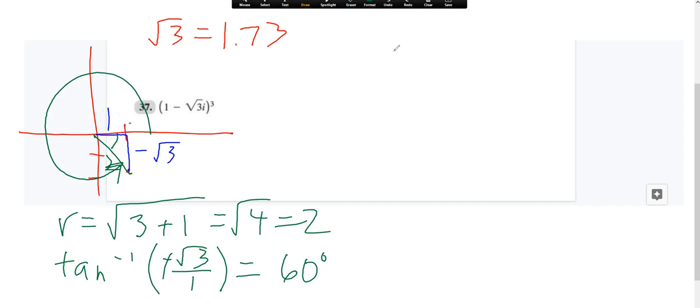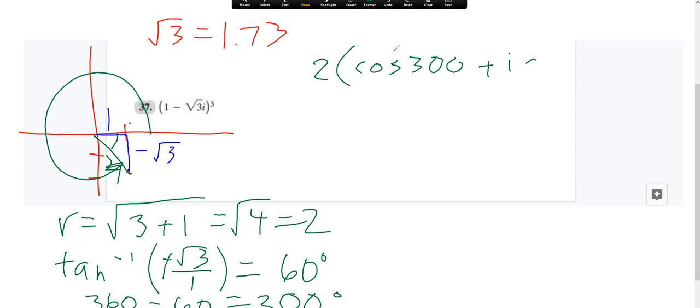So, what is the angle measurement that we have there? How are we using the 60 to help us find the real theta? 360 take away 60. 300. Yes, 300 degrees. Okay, now we're dealing with 2 cosine 300 plus i sine 300.